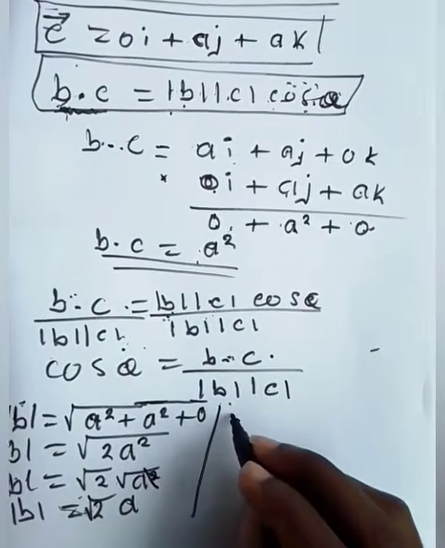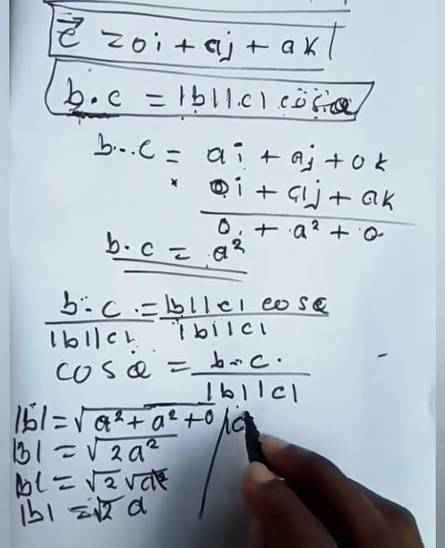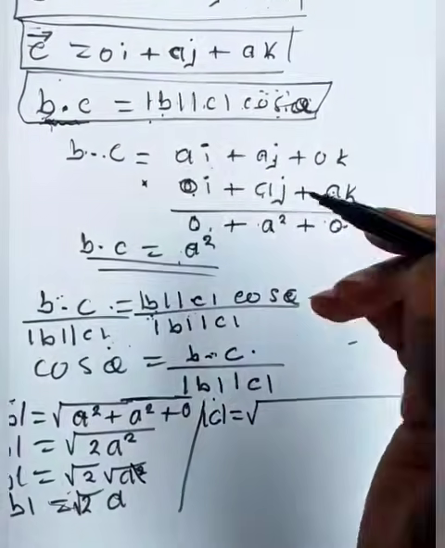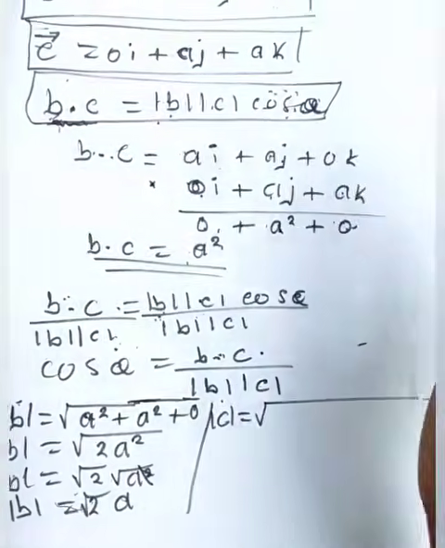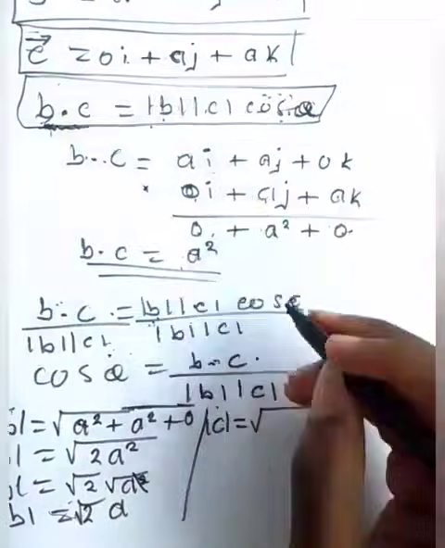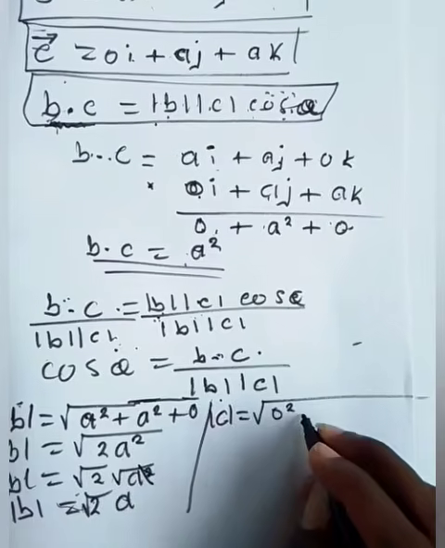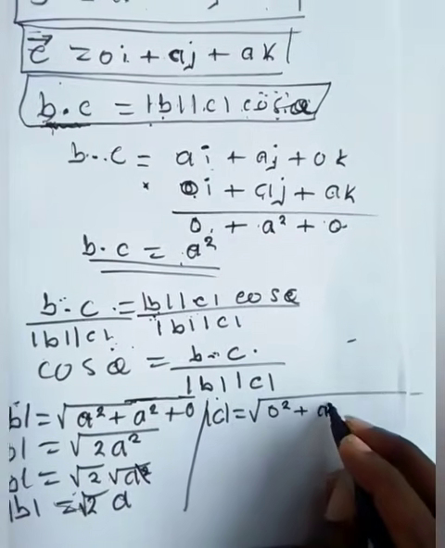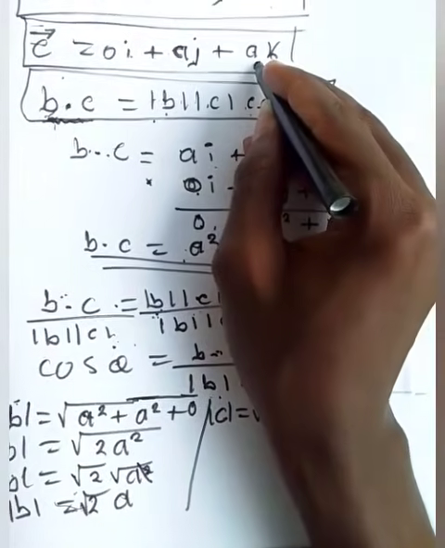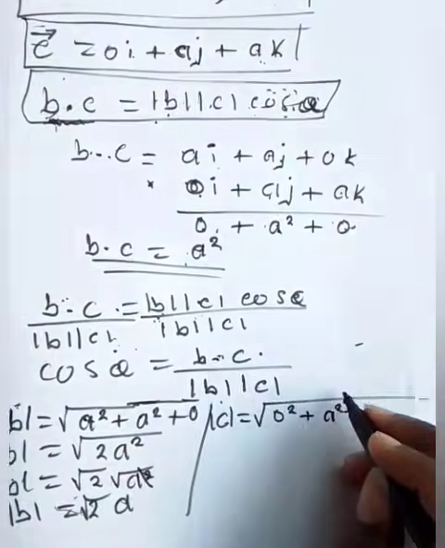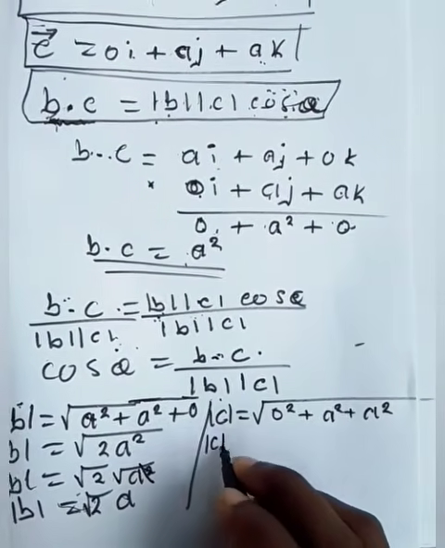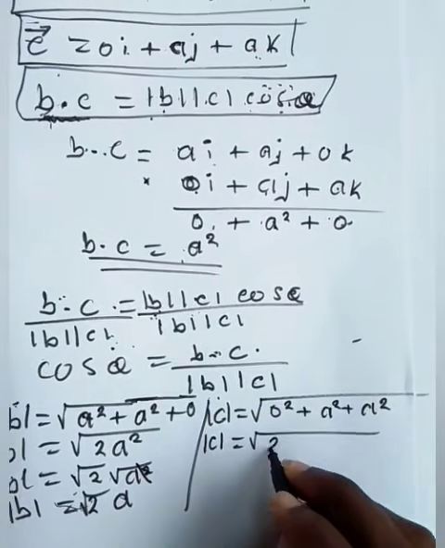Let's also find the magnitude for C. So C is this one. So we are going to get the coefficient of i raised to the power of 2 plus coefficient of j raised to the power of 2, plus coefficient for k raised to the power of 2, is equal to 2a power 2.